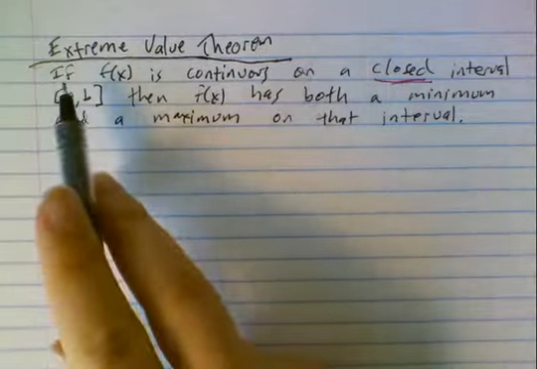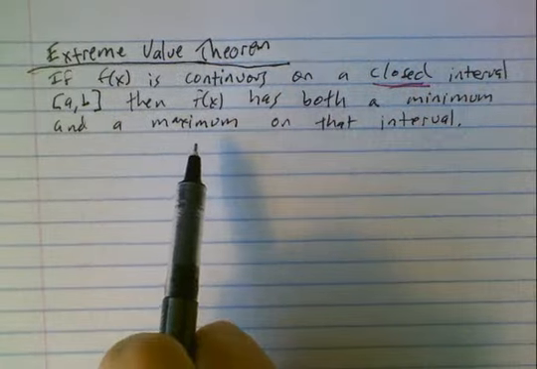This is why it's called extreme value theorem, minimum being the lowest point, maximum being the highest point.